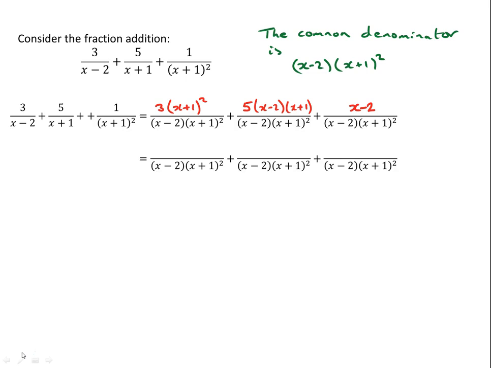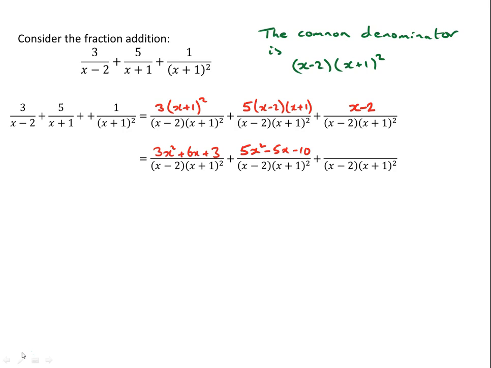We know that x plus 1 squared is x squared plus 2x plus 1, so 3 lots of x plus 1 squared is going to be 3x squared plus 6x plus 3. We know that x minus 2 times x plus 1 is x squared minus x minus 2, so multiply that up by 5 for the middle term. We've got 5x squared minus 5x minus 10.